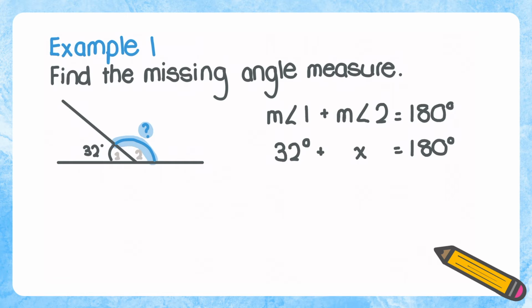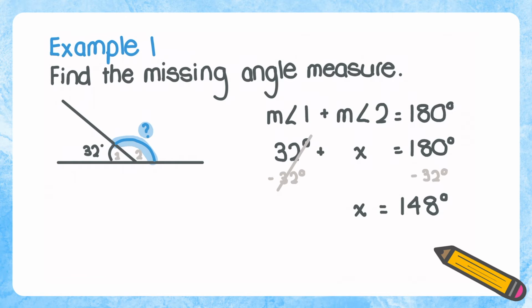So I want to get x by itself. I can do this by subtracting 32 degrees from both sides. This will cancel out, and I'm left with x equals 180 degrees minus 32 degrees, which is 148 degrees.